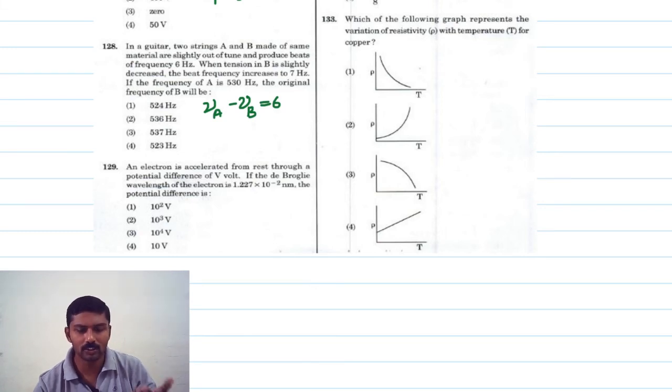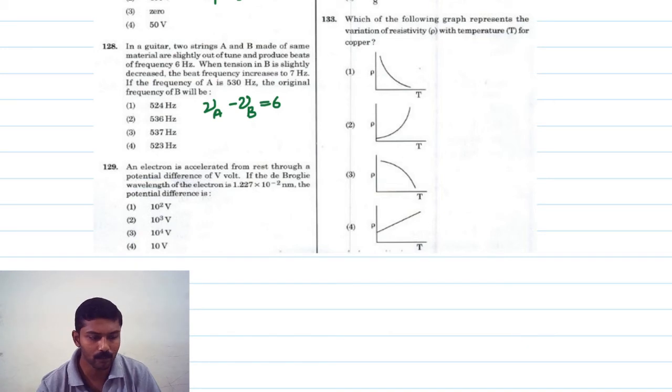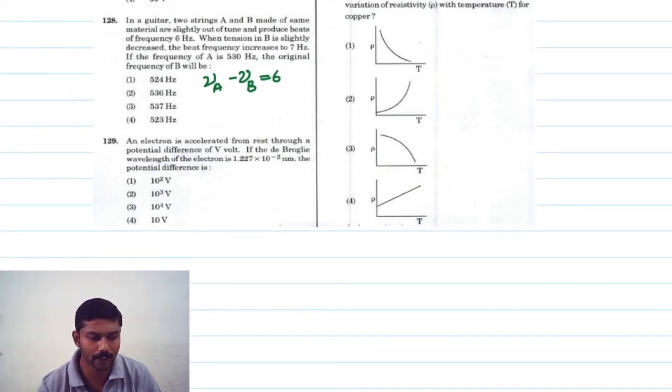When the tension in the string is slightly reduced, what happens to the frequency? Let me slide it up for you so that my head doesn't come in between. The frequency is equal to 1 by 2L into square root of T by mu, tension divided by mu.